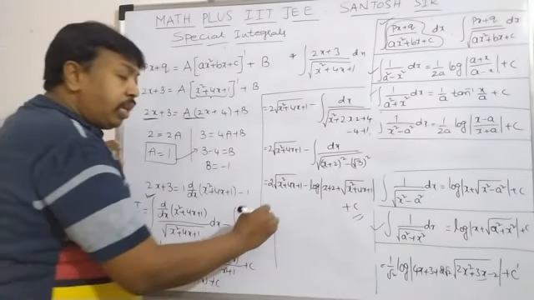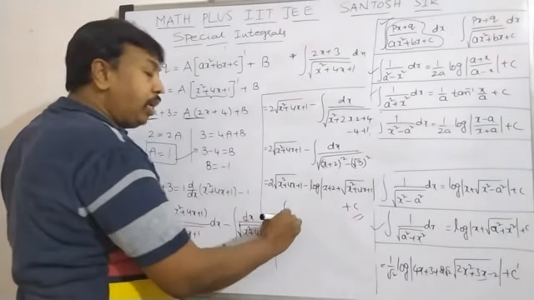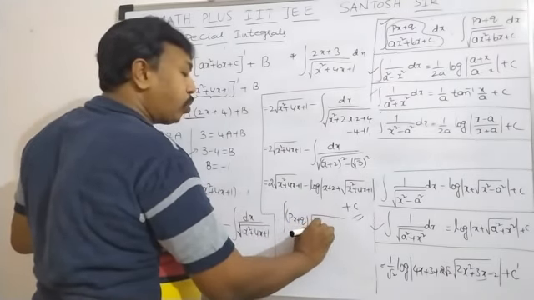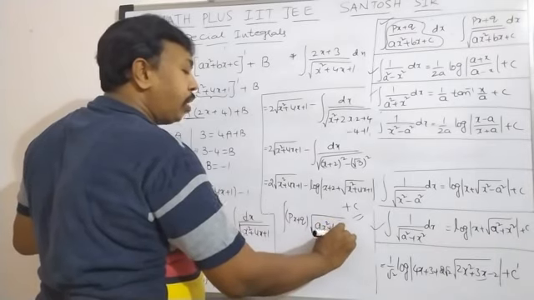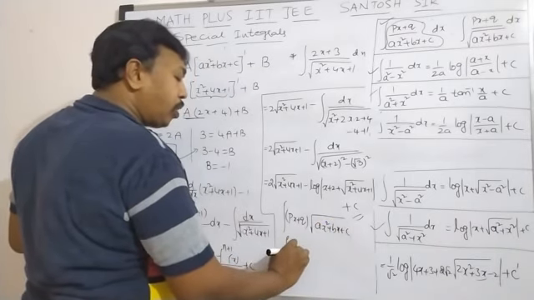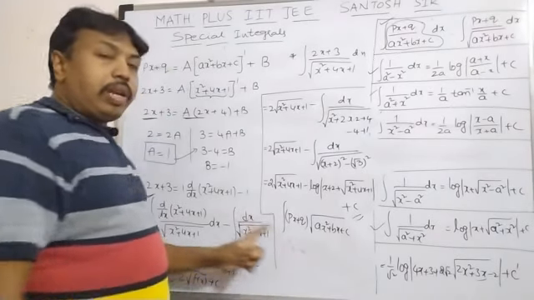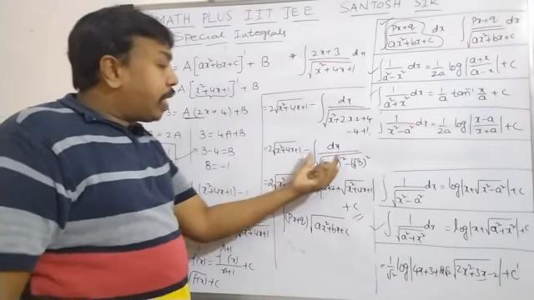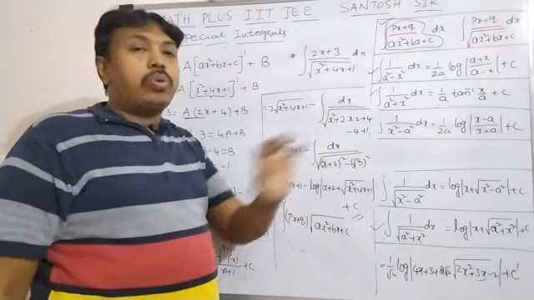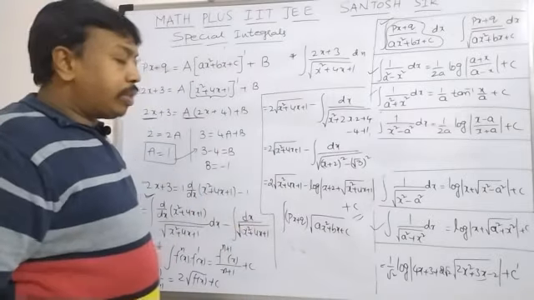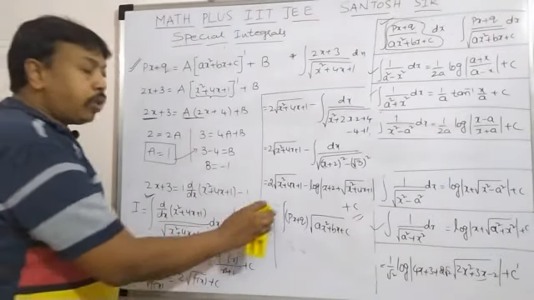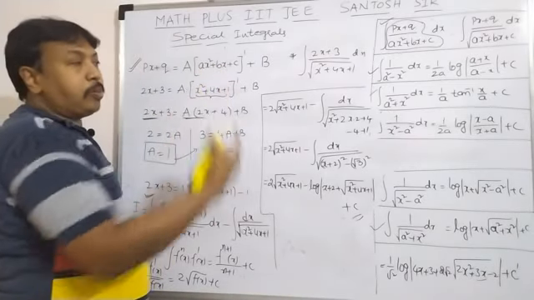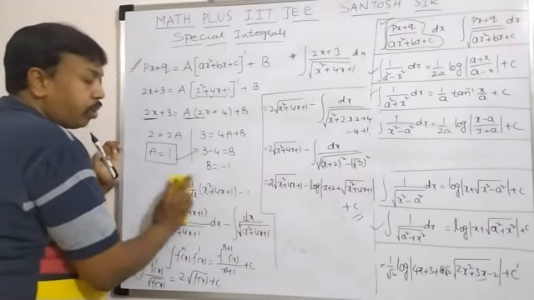Even if the function is given as the integration of px plus q into a quadratic ax square plus bx plus c, here also we use the same substitution, but for the second term you use other formulas, which we will study in further classes. So the substitution is the same: px plus q is equal to A into the denominator's derivative plus B. I hope you understand these two methods.